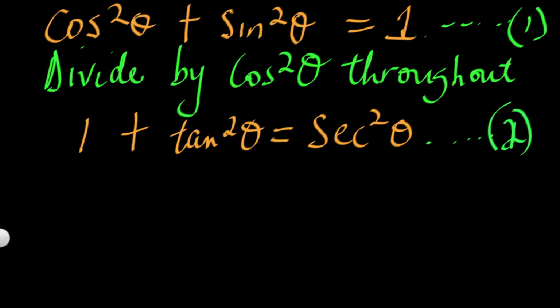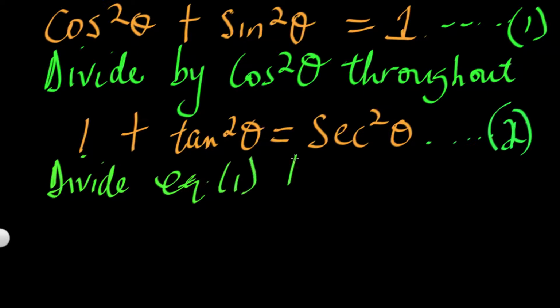Still, I want to repeat this division in equation 1, by the way. So divide equation 1 by sine squared theta. We're dividing every term in equation 1 by sine squared theta. If I divide cos by sine, I get cot, the inverse of the tan.